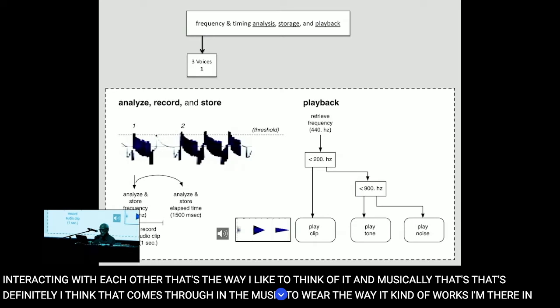This is the 3-voice part, comes into the 3-voice combination, and depending on whether that frequency falls, in this case, below 200 or between 200 and 900 or above 900, it plays a different sound or renders the data in a different sound. And just to play simple examples of these, I have a sampled clip of the circuit sound, the processed circuit sound, a tone or noise.